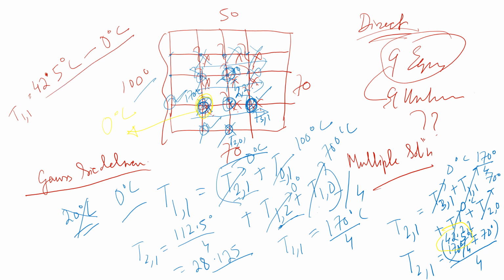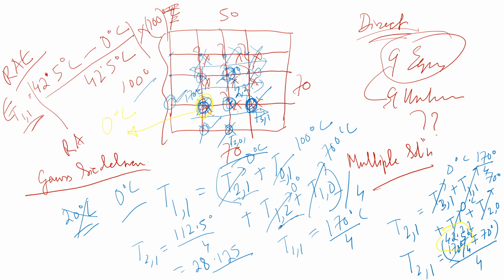So now if you use this equation, you will find the relative absolute error of the first iteration. Correct? You can find it in percentage by multiplying by 100. So this will give you your percentage RAE, relative absolute error.